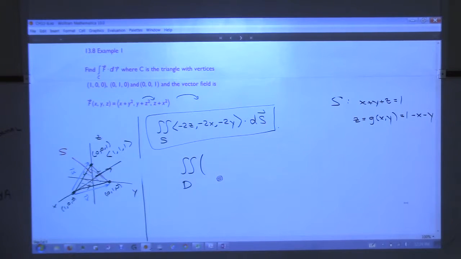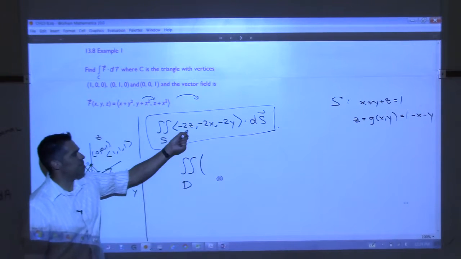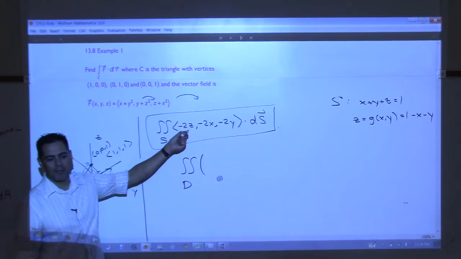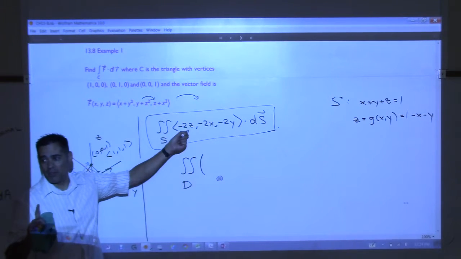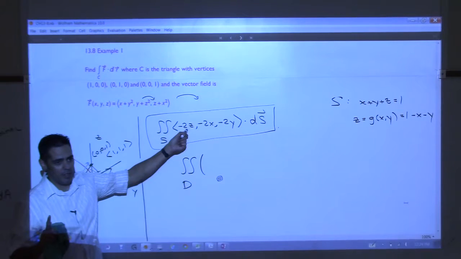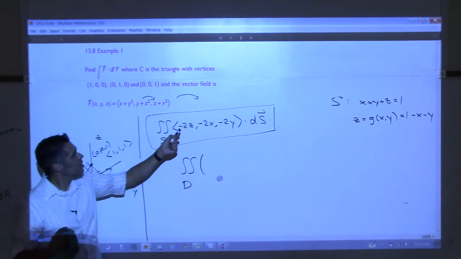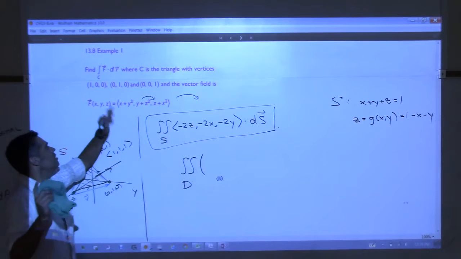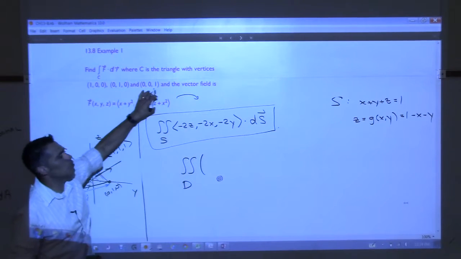What's negative P? Negative x minus y. So is this P or is this P? This is what I was trying to say earlier. You cannot confuse what's going on here. This is originally this vector field. This would be PQR, right?